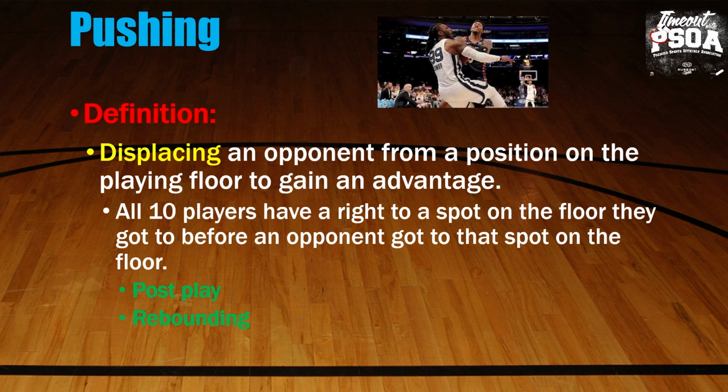I am boxing them out legally because I'm not going forward into my opponent. I am moving all those directions to avoid my opponent getting a rebound. Once I go backwards and displace them farther away from the hoop, you are at risk of being called for a pushing foul.